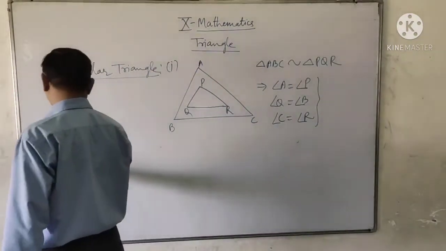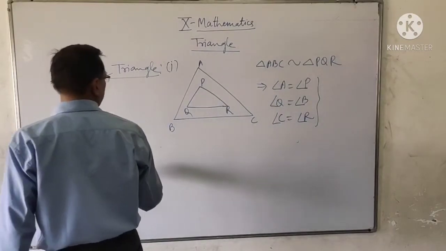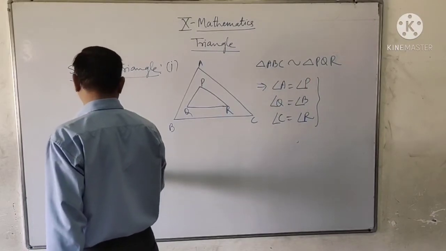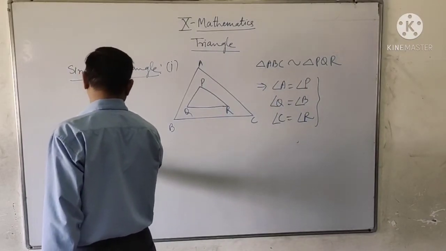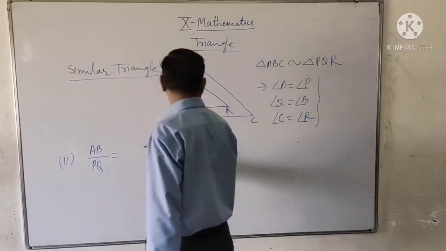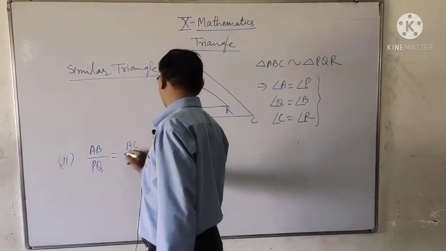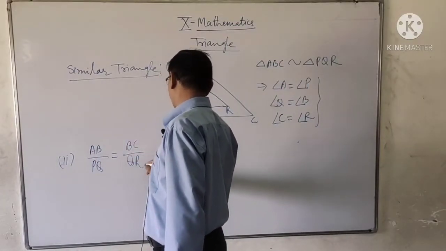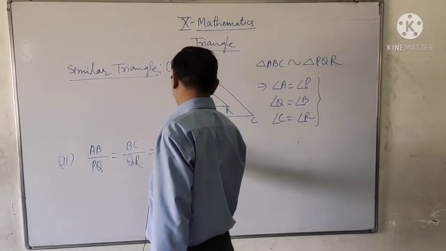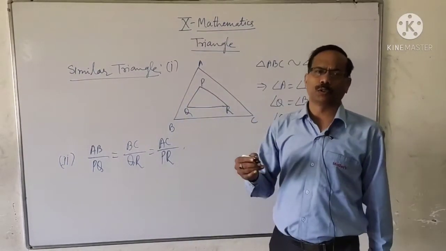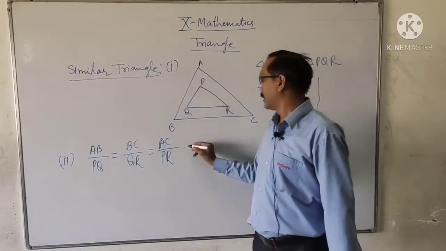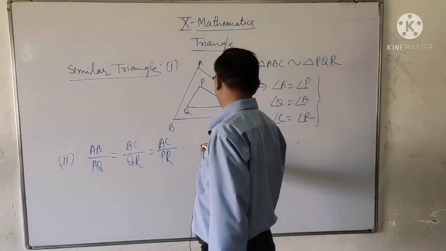There is one more condition. If their sides are proportional, like AB upon PQ equals BC upon QR equals AC upon PR. So whenever two triangles are similar, their sides are proportional.